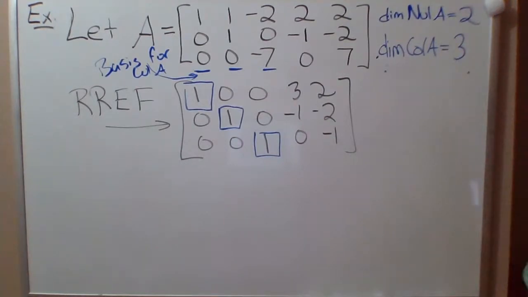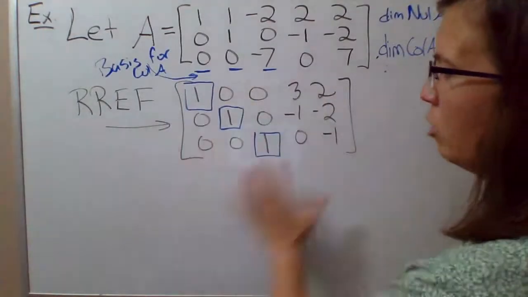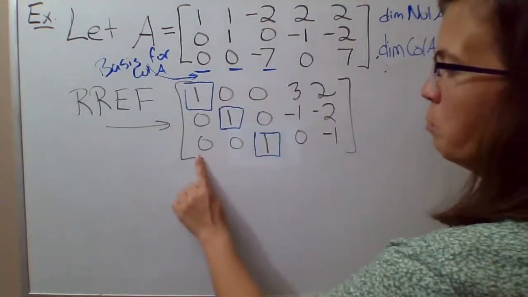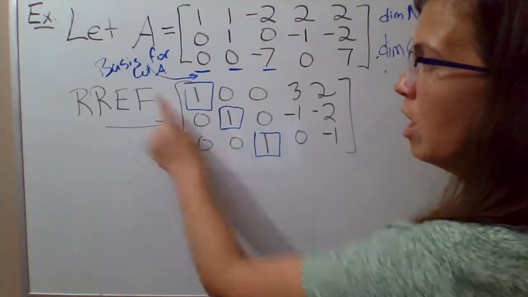Now I want to make an observation about this problem in general. When you have, let's say, an m by n matrix, and you row reduce it, the pivot columns are always going to correspond to your basis for the column space.